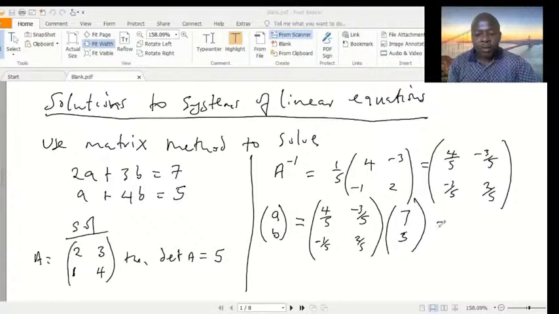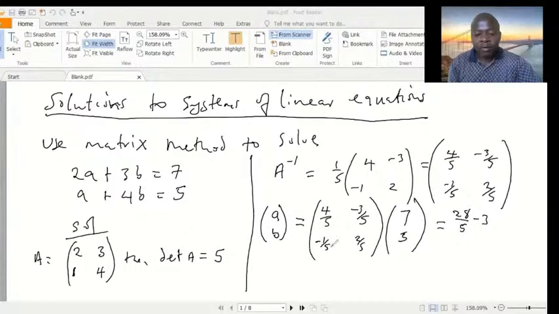So what do you get when you multiply? 4 out of 5 times 7 would be 28 out of 5. And then negative 3 out of 5 times 5 would be negative 3. So I'm done with the first row and this column. I come to this row and that column.